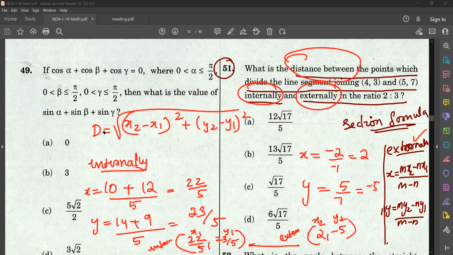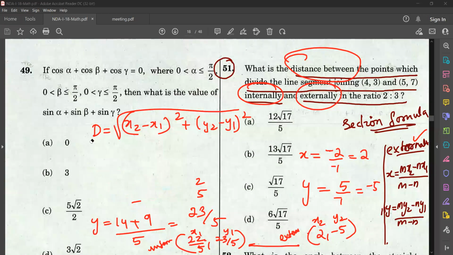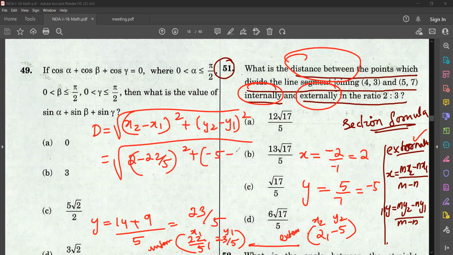So do it. So put here, you'll get 2 minus 22 by 5 the whole square plus minus 5 minus 23 by 5 the whole square. So do and tell me what you get.